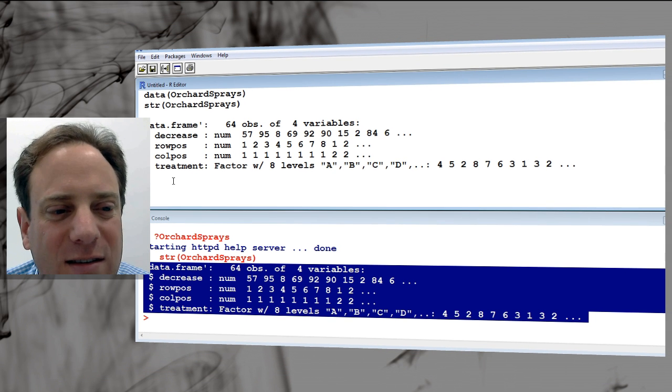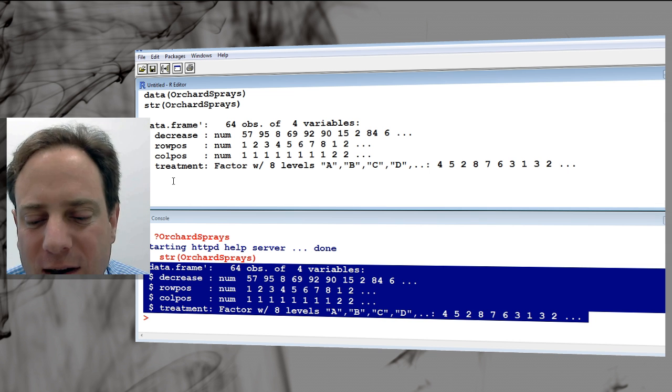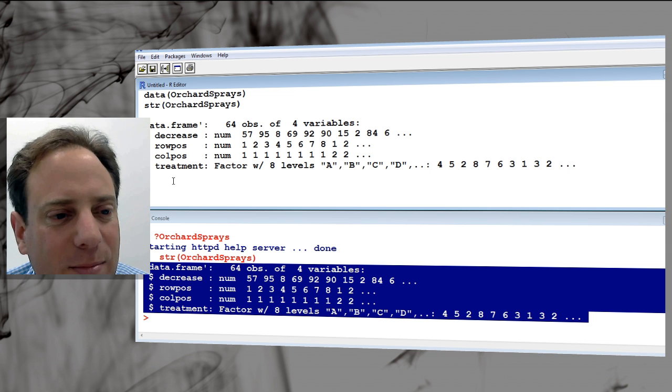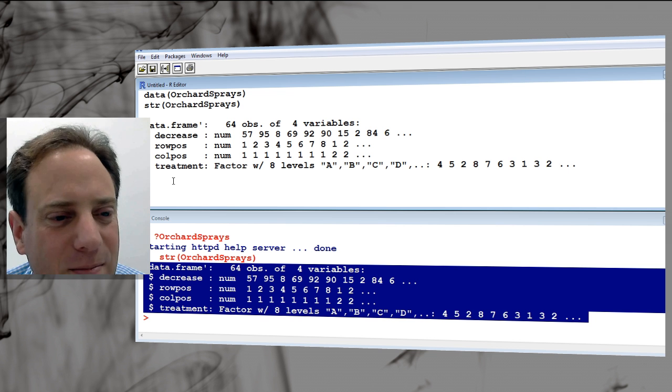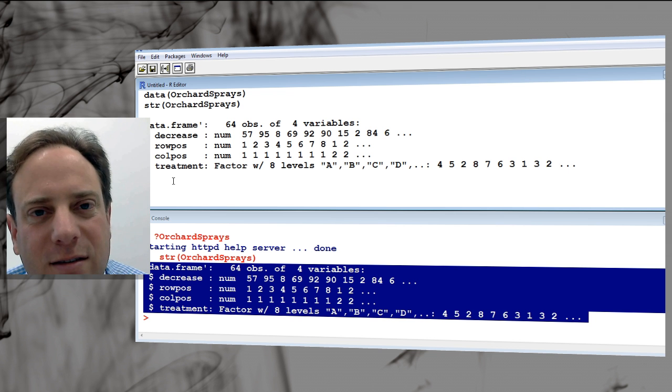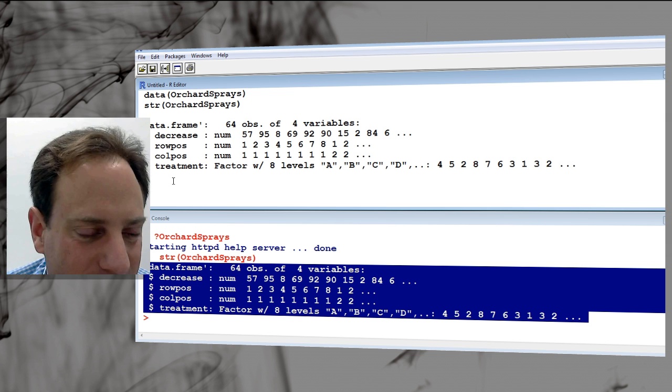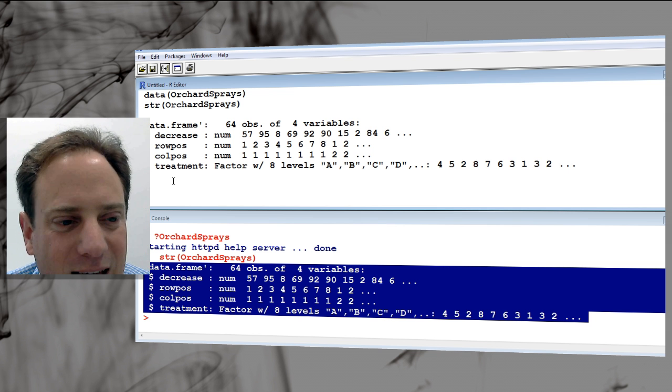So the decrease shows how much solution has been eaten by the bees, and the row and column positions are just the positions in the Latin square design, and the treatment is of course whether an active ingredient has been added or not.